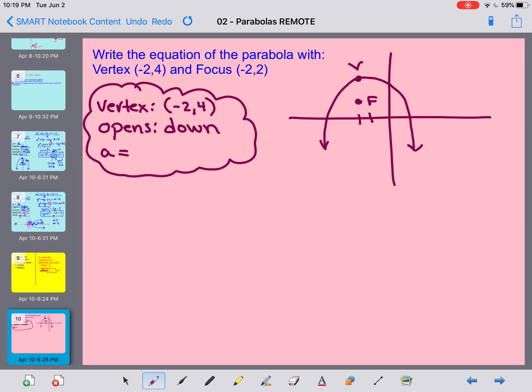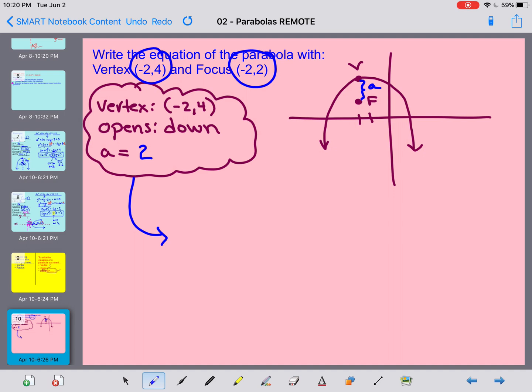And my a value is the distance from vertex to focus. So how far apart are the vertex and the focus? You can either just count spaces or you can do the distance formula if you really needed to, but these are 2 spaces apart, so my a value is 2. Okay. Once you have all that information, we're going to go write the answer.